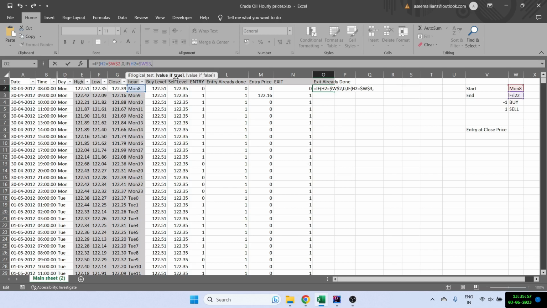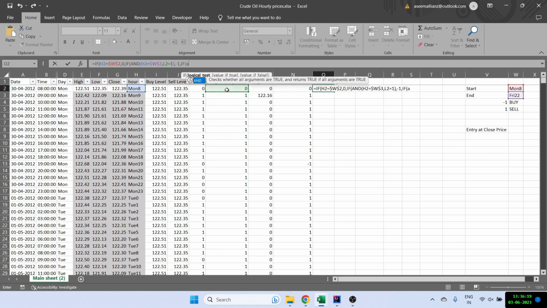Actually, let me check one more condition. I will also check and. So if it's the ending row and if L2, that means if my entry which is already done is equal to 1, so I was already in a selling trade, then in this case it has to be a buying trade since I'm exiting.